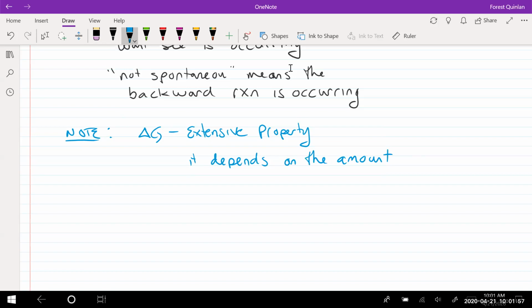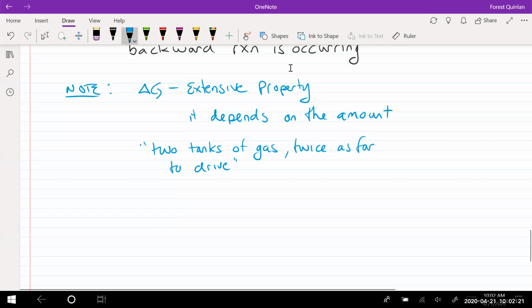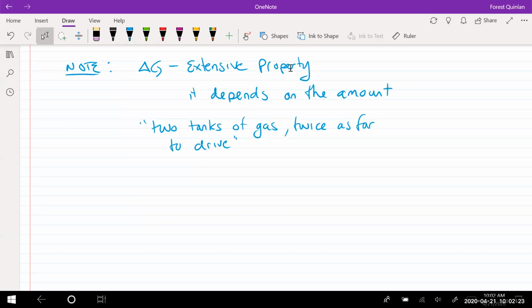So you might think of this as 2 tanks of gas, twice as far to drive. Delta G is extensive. It depends on the amount. More gas, bigger explosion, right? More dynamite, bigger explosion.